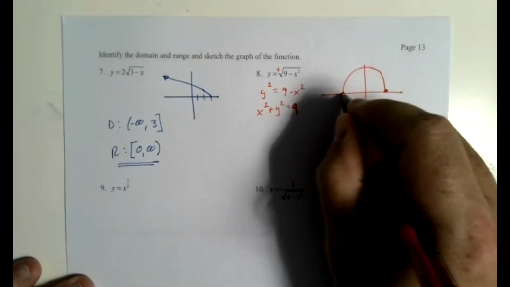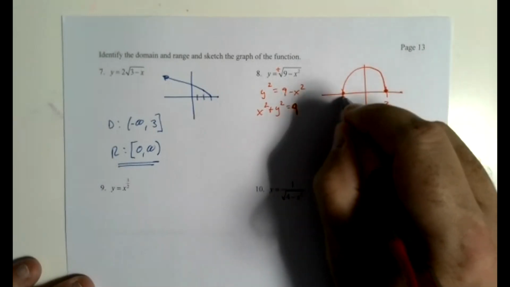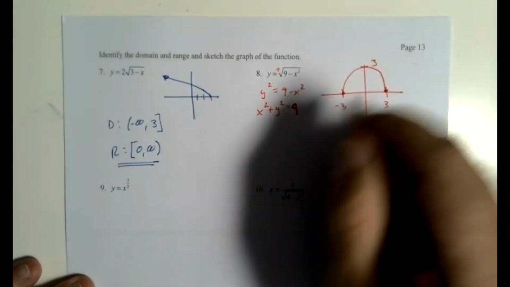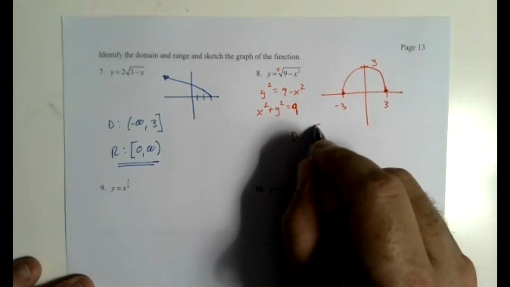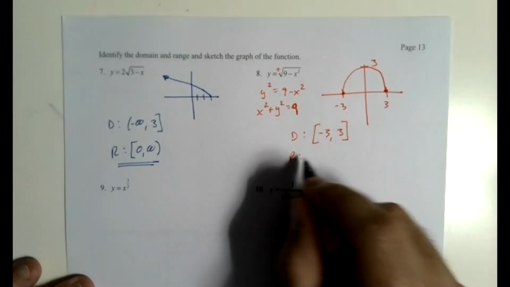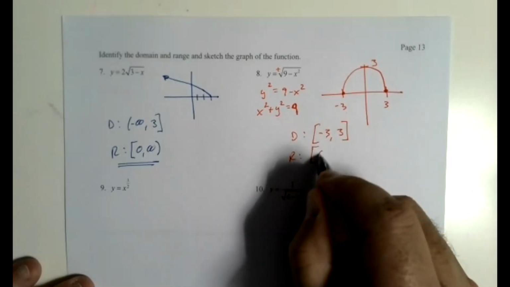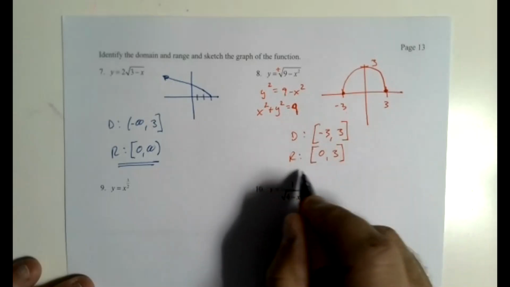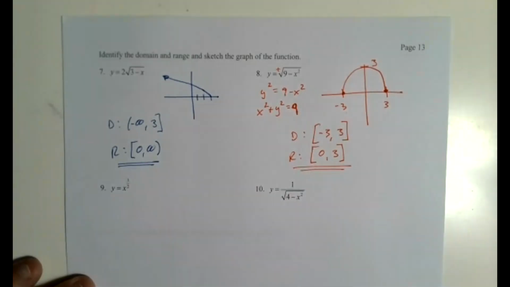There's no arrow there. It's just a point. And it goes 3, negative 3, 3. So domain is negative 3 to 3, both included, and range is 0 to 3, again, both included. Yeah, look at that, I did it right.